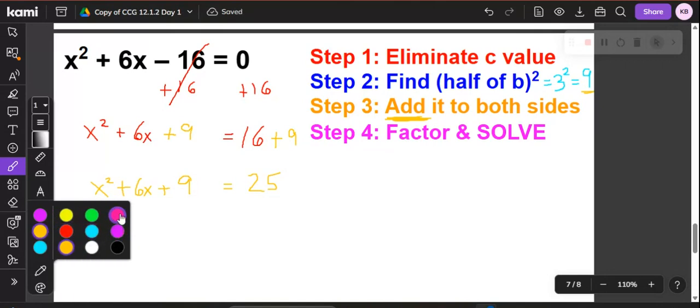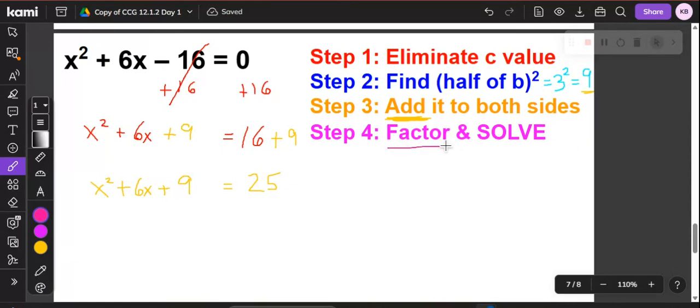And to finish this off here, it says factor and solve. Make sure you are both factoring and solving the equation at the end, getting those x solutions. When I go to factor this, again, I could make my t-table if I really wanted to, but at this point I'm looking at this 9 and I'm saying, okay, the square root of 9 is 3, right? And 3 plus 3 is 6, right? We already said that. It was half of the b value.